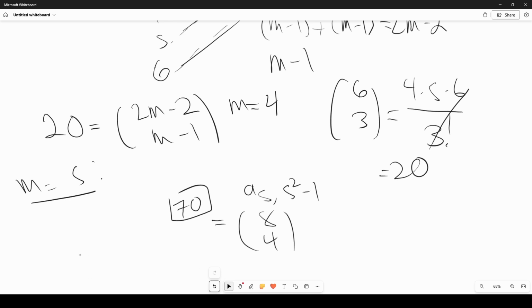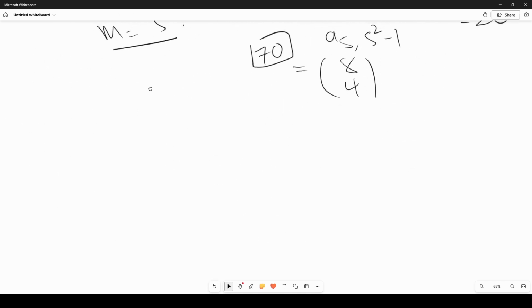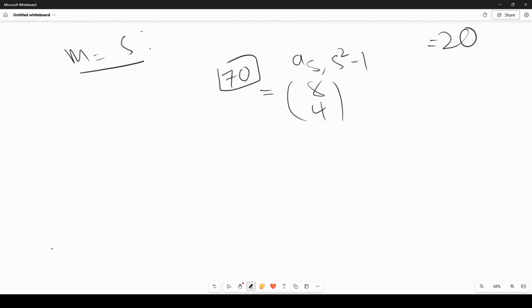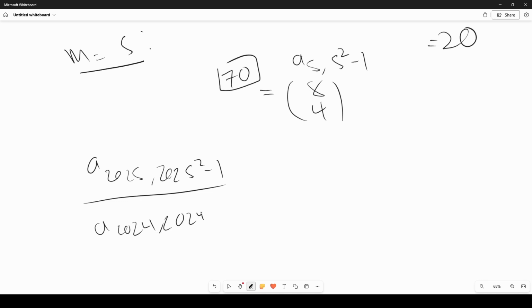So now that we have an agreement of what the correct term is, let's try to actually solve the problem. So we're trying to figure out what a 2025 comma 2025 squared minus 1 over a 2024 comma 2024 squared minus 1 is. Okay.